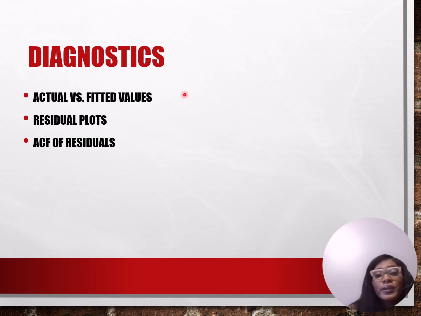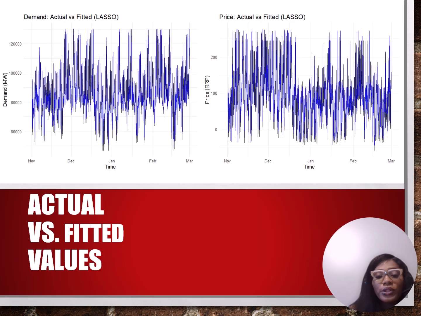And then the diagnostics we looked at were the actual versus fitted values, the residual plot, and the ACF of the residuals. With the actual versus fitted values, the Lasso model tracked observed demand and price values closely over time.